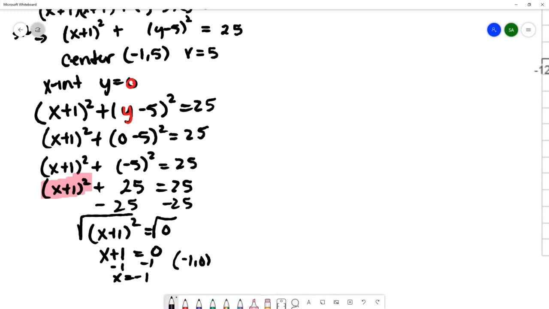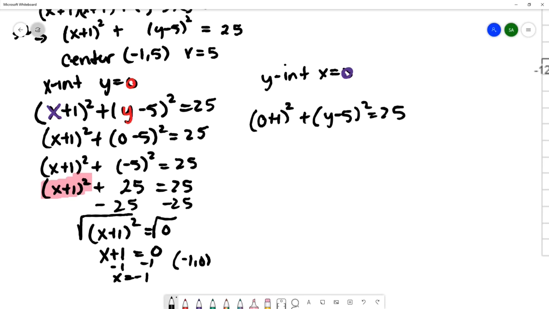Now I'll find the y-intercept. I'll find the y-intercept by letting x equal 0. So substituting a 0 in for this x position would give 0 plus 1 squared plus y minus 5 squared equals 25. 0 plus 1 is 1.